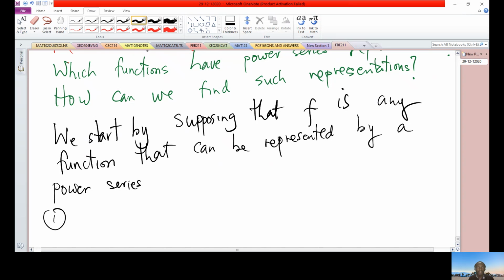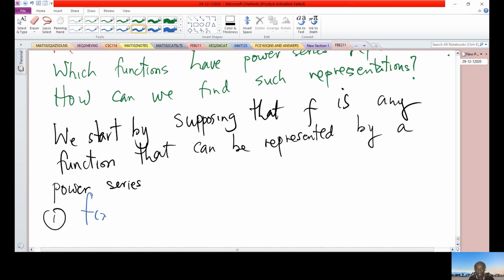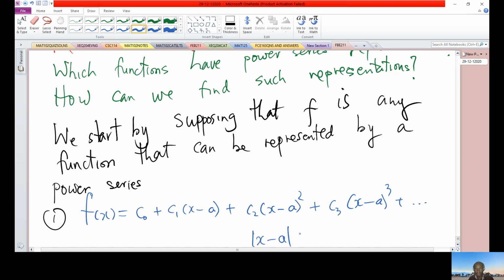Let's call it equation 1. f of x equals c naught plus c1 (x minus a) plus c2 (x minus a) squared plus c3 (x minus a) cubed, and so on, where |x minus a| is less than R.